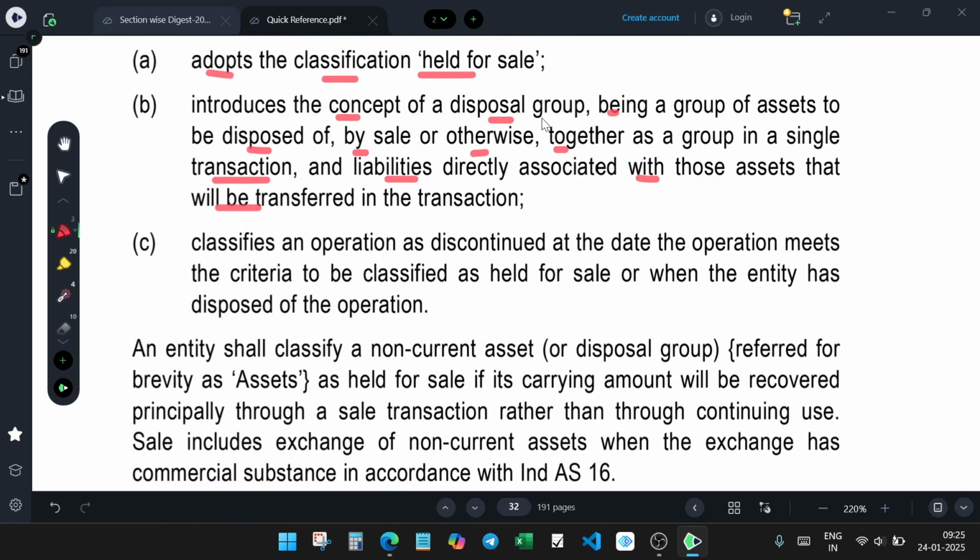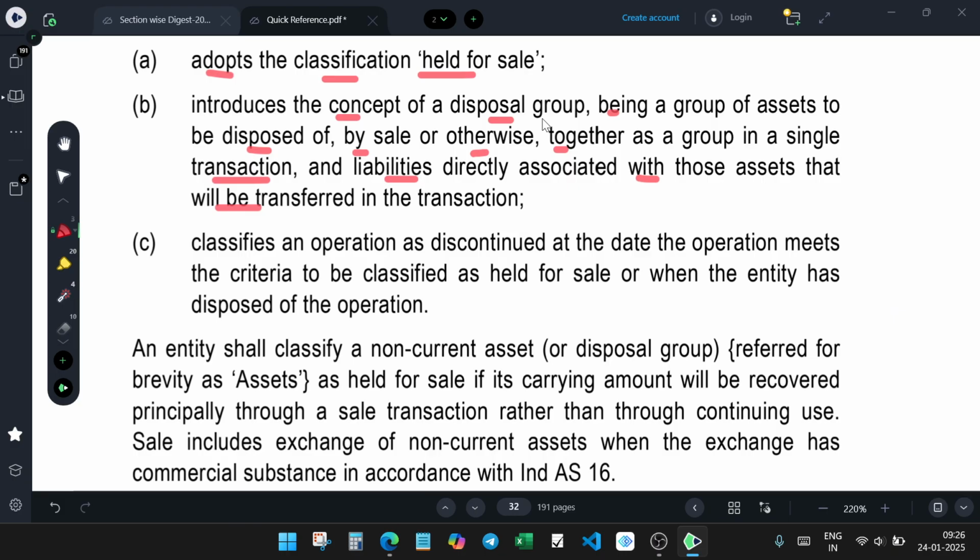The concept of disposal group is something going to be disposed of. It is a group of assets to be disposed of, not necessarily a single asset. A group of assets can be disposed of by sale or otherwise, together as a group in a single transaction, so everything, assets and liabilities, is being sold, or a liability directly associated with the assets will be transferred in the transaction. For example, we have a liability and we have an asset.